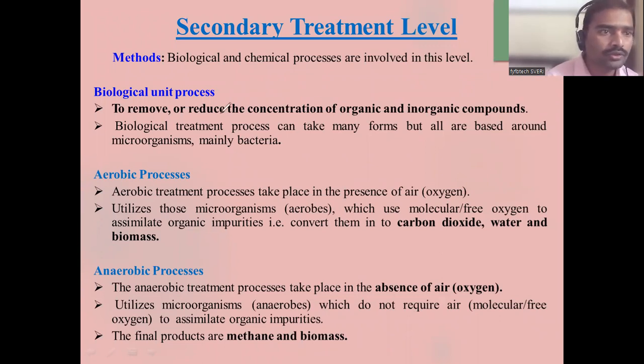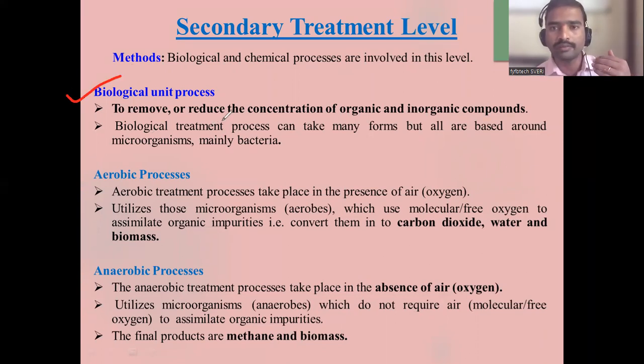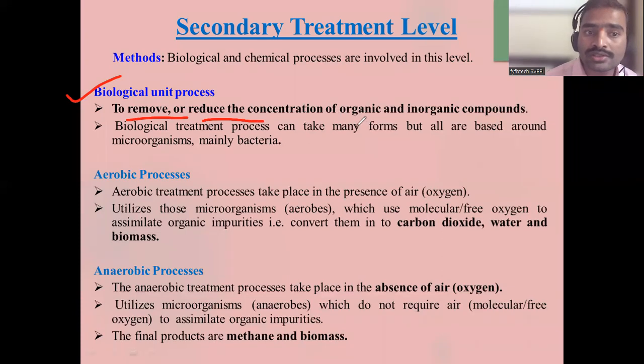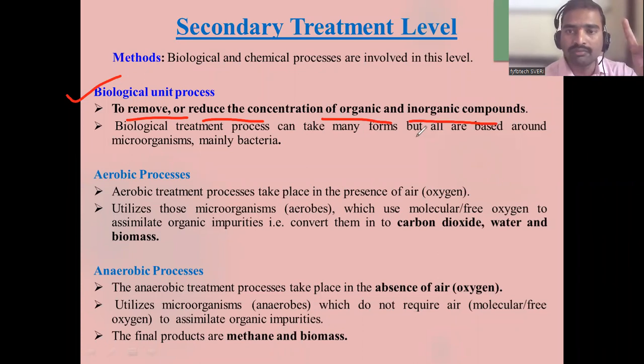See, biological units. First of all you should know which type of material is removed in the secondary treatment: to reduce the concentration of organic and inorganic compounds. In the preliminary treatment, we removed all the macro particles.